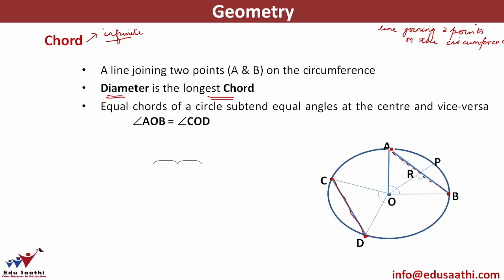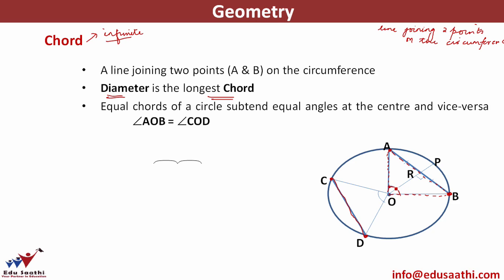Now if you have chords AB and CD, which are equal in length, the angles that they will subtend at the center. How do they subtend the angle? You look at the 2 points A and B, which are at the circumference, the endpoints of the chord, and join them with the center.